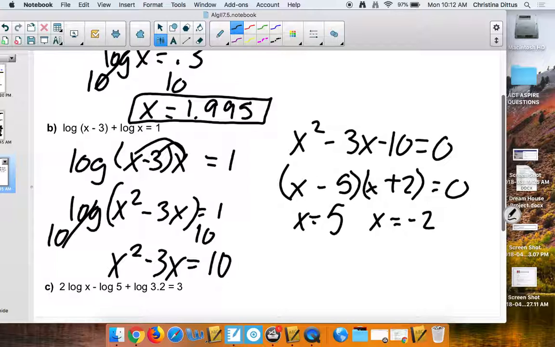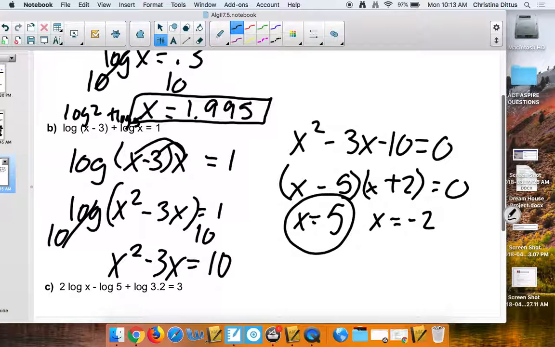I would plug into our original. So if I plug in 5 first, 5 minus 3 is 2. So take log 2 plus log 5 and see if you get 1. Yeah, it works? Okay, so x equals 5 works. How about negative 2?